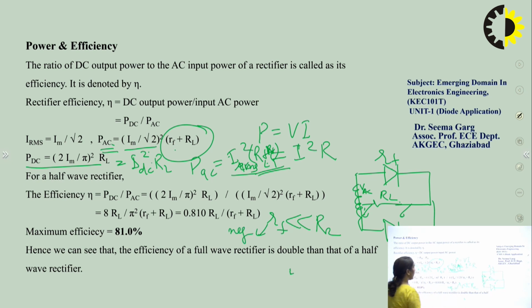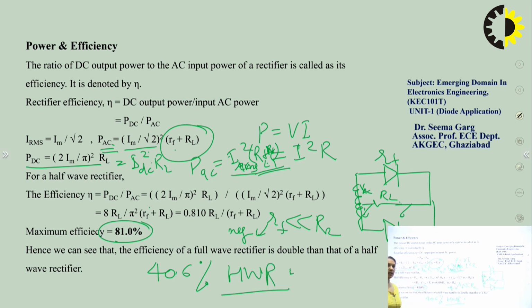if we neglect this value, then this resistance will be removed, and RL will get cancelled, and solving this we get the efficiency that comes out to be 81.0%, whereas in case of the half wave rectifier it was only 40.6%, that we calculated in the last lecture.